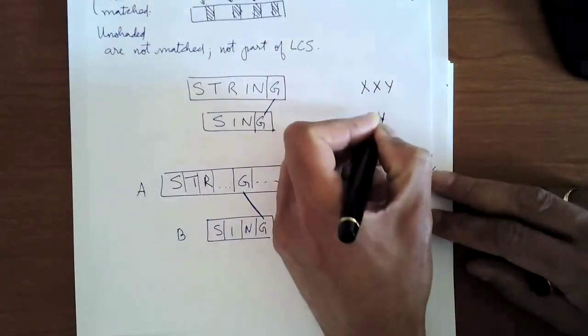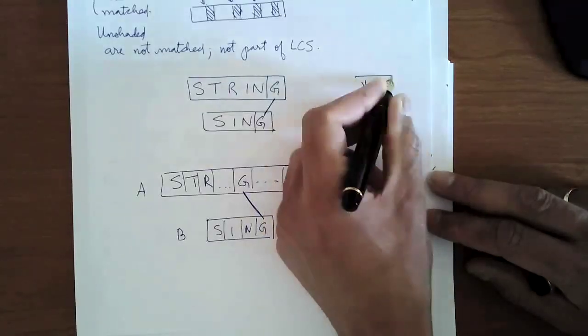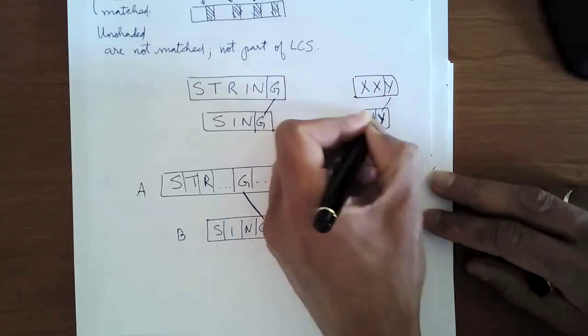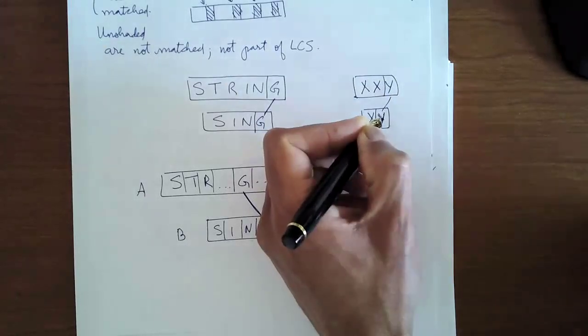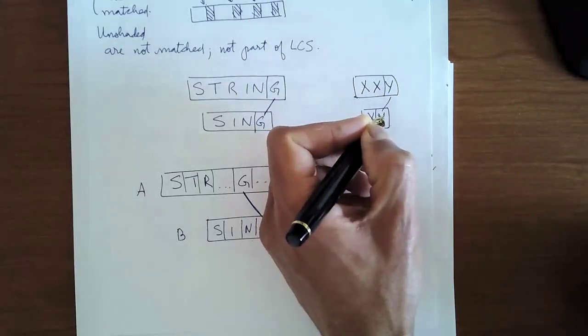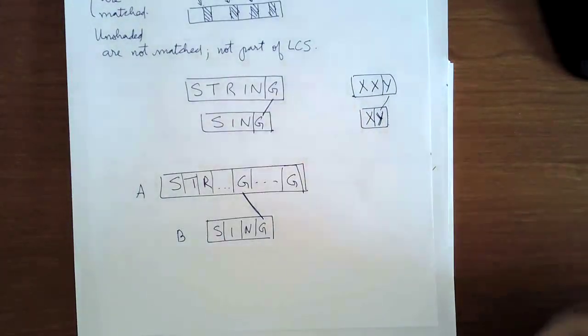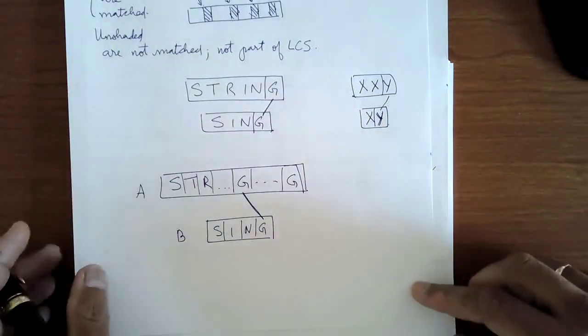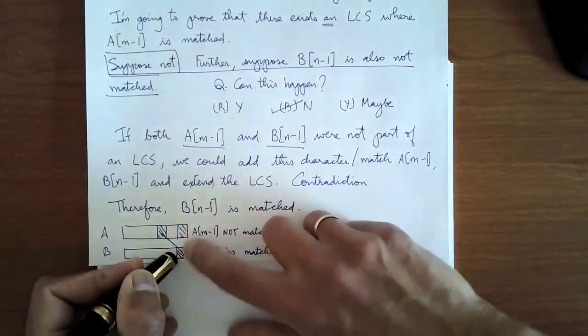Because this y has to match with this y over here. But the x basically has two options, and it could match with either of them. So the longest common subsequence is not unique, and that's why I'm asking, could there be a different longest common subsequence which matches the last two characters with each other?